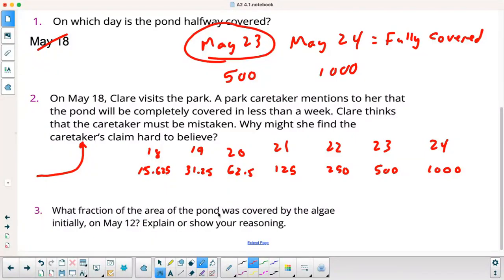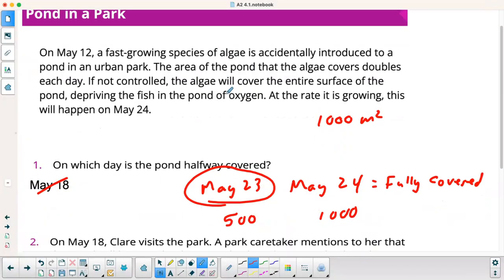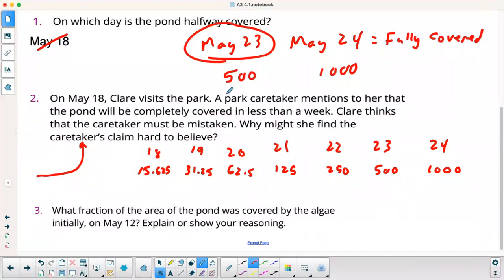What fraction of the area of the pond was covered by the algae initially on May 12th? Explain or show your reasoning. So, what fraction on May 12th?